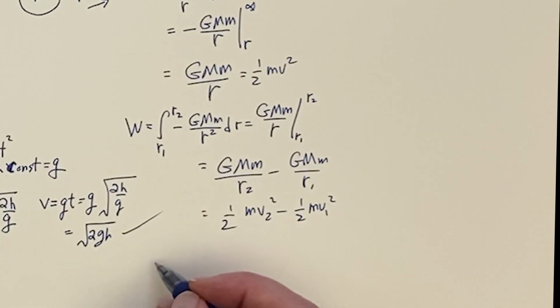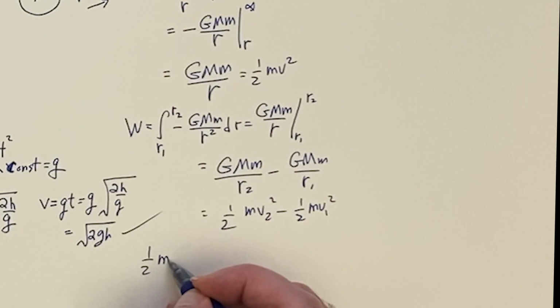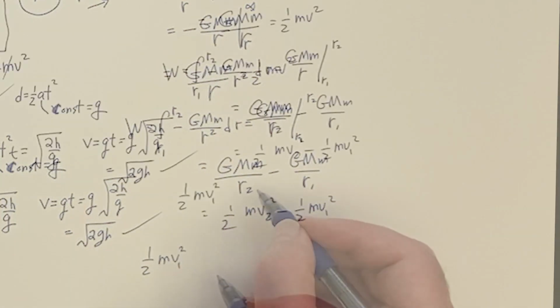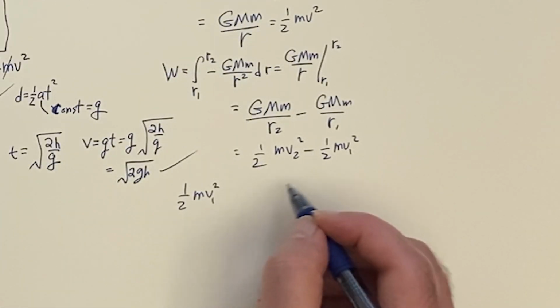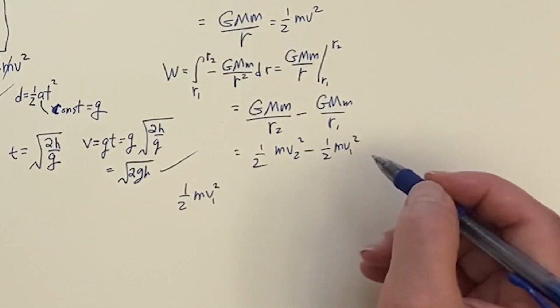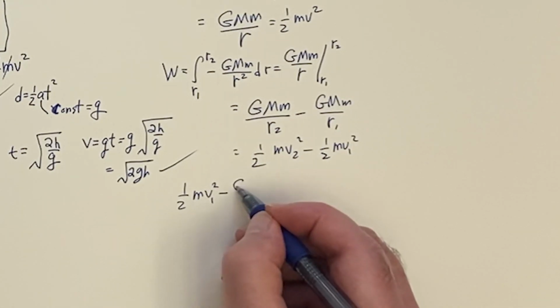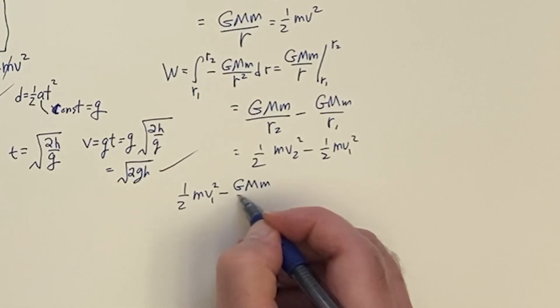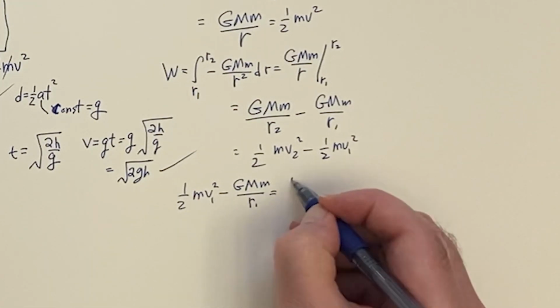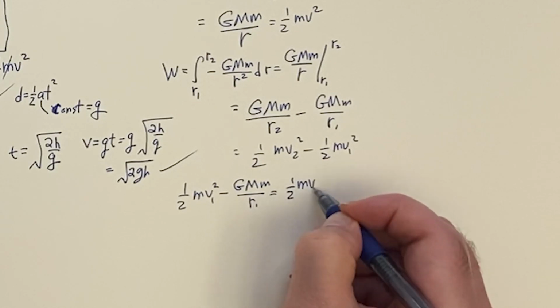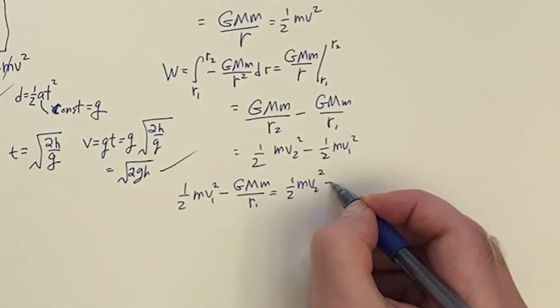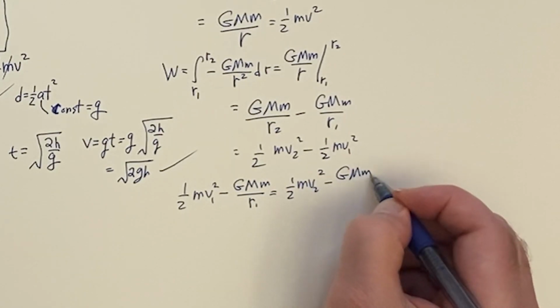And then I can collect everything on one side, like all the ones. I would have a 1/2 mv1 squared. Okay, so collecting these, I'm going to put this one on the other side. So we would have this. And then this one here, if I subtract the other one, I get this.